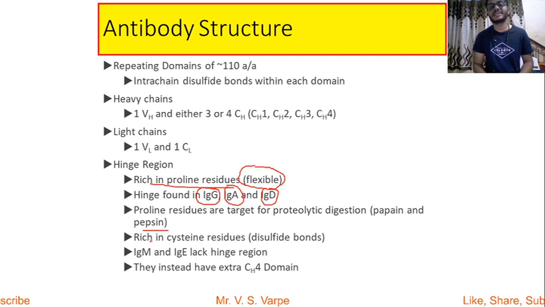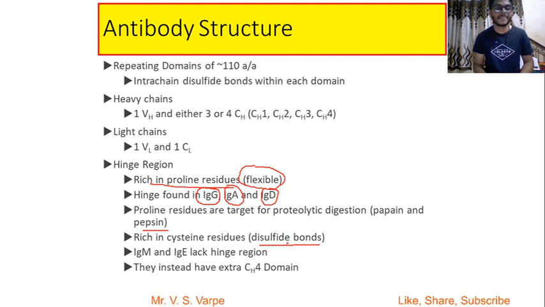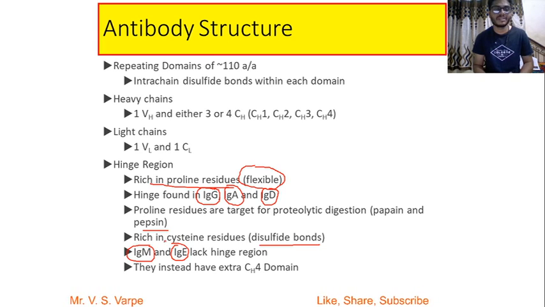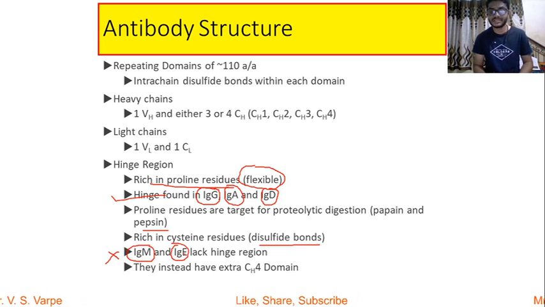Then the next point is that cysteine-rich residues are present here, and these cysteine residues form disulfide bonds. Then there are other antibodies, IgM and IgE, which lack a hinge region. That means the hinge region is found only in IgG, IgA and IgD antibodies, and it is totally absent in IgM and IgE antibodies.